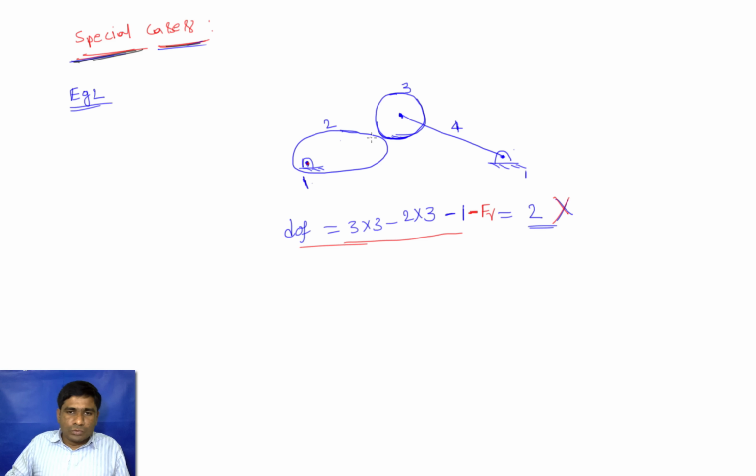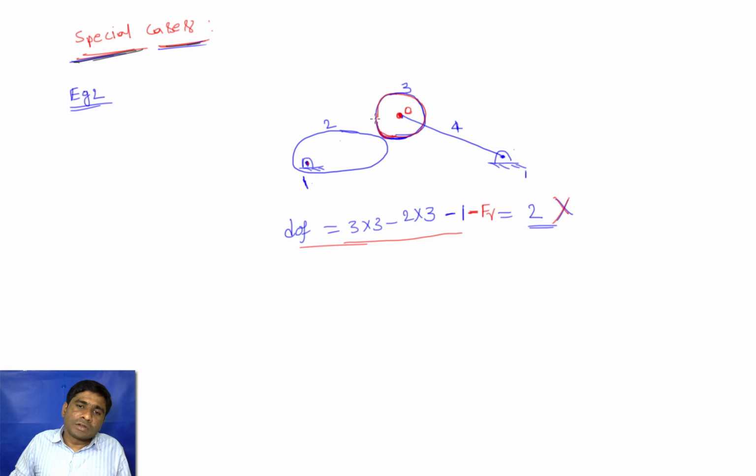So if you look at this one, for example, if I rotate this link 3 about the O, will that motion be transmitted to any other link? No, it simply slides on the cam. That's why in gears we have gear teeth.